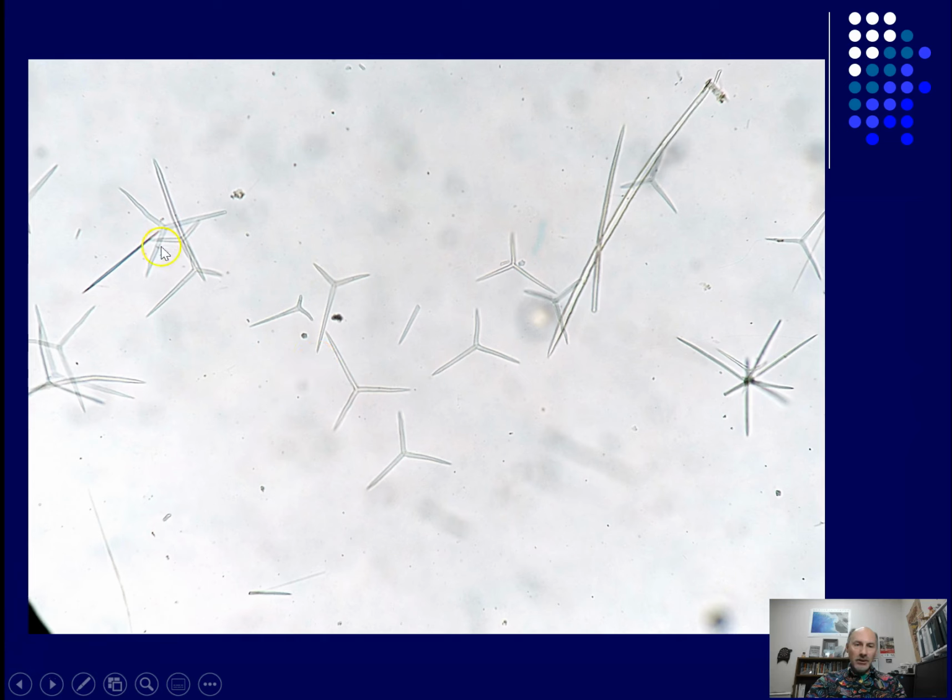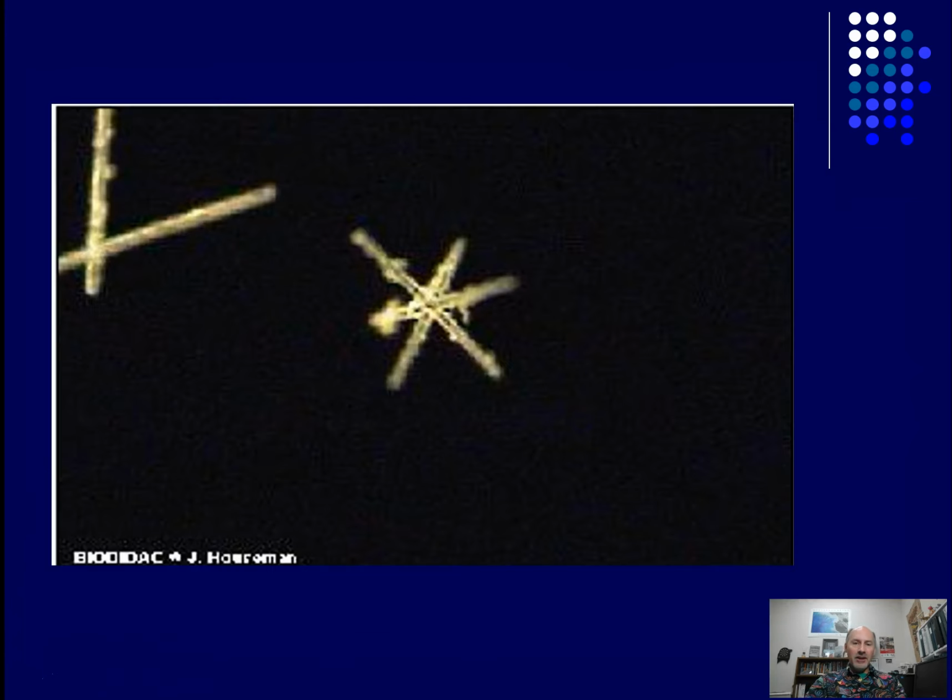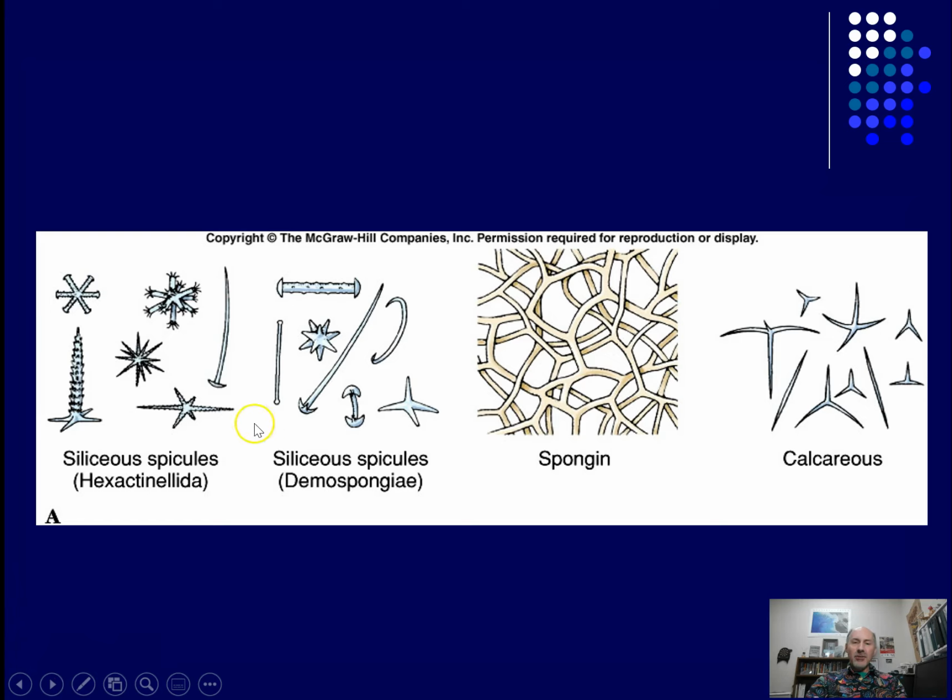You can see a couple here and here, and others have even more complex shapes. Here's another picture. This is one I just got off the internet. You can see this one has 6 rays on it. Really pretty if you think about it. And then here's again a brighter image.